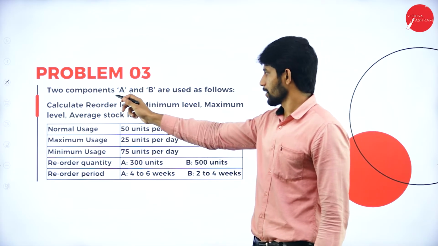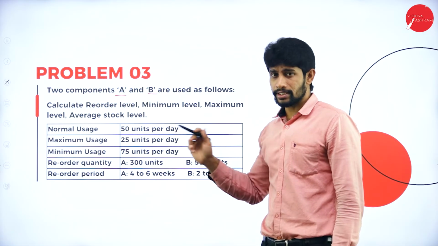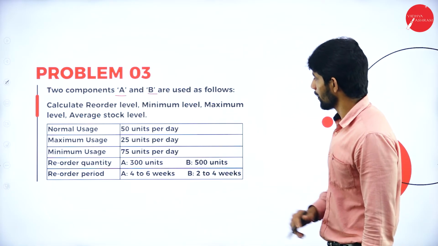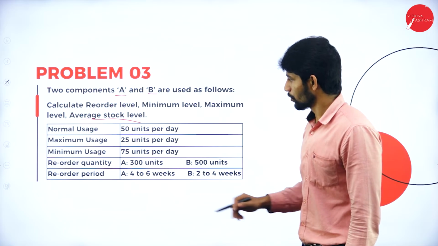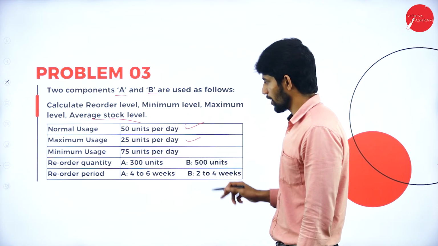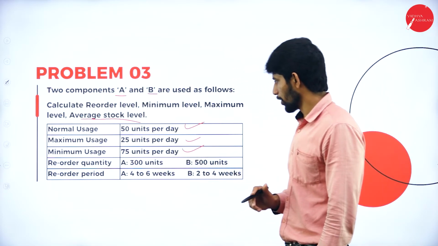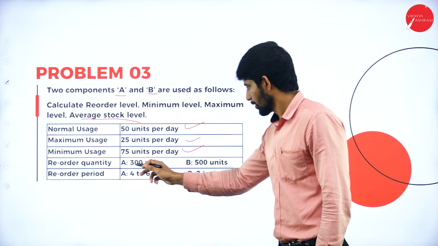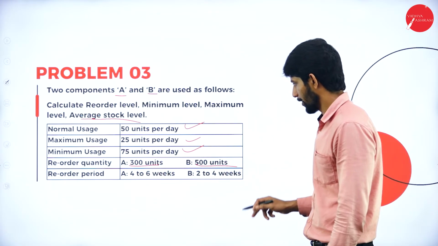Two components, component A and component B, are used as follows. Calculate reorder level, minimum level, maximum level, average stock level. Normal usage 50 units, maximum usage 75 units, minimum usage 25 units. Reorder quantity for component A is 300, component B is 500.